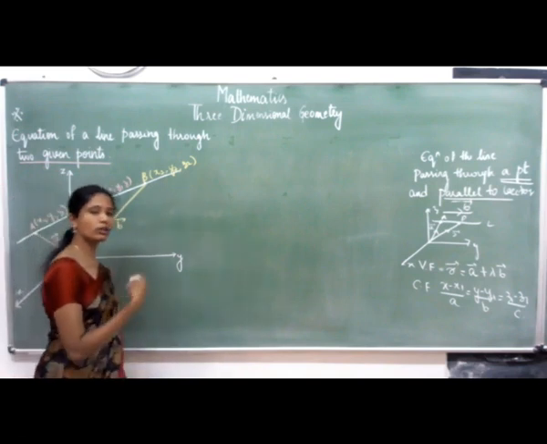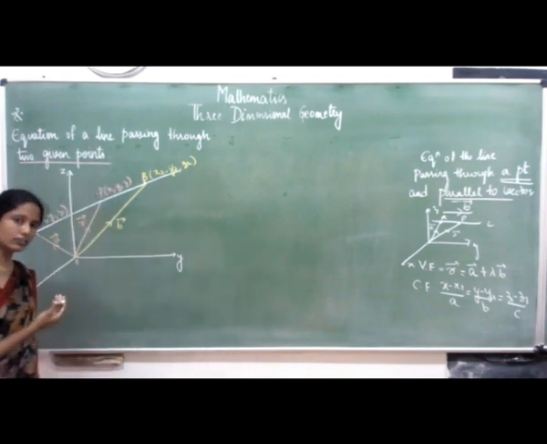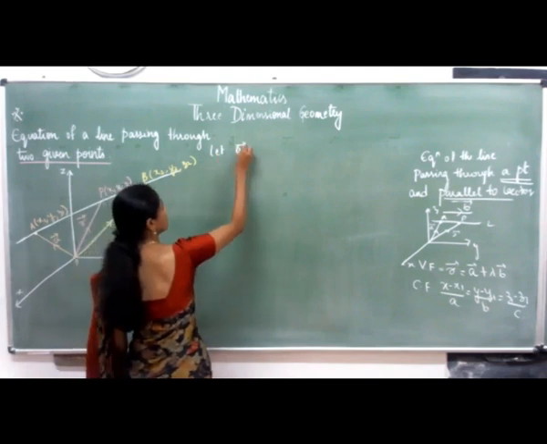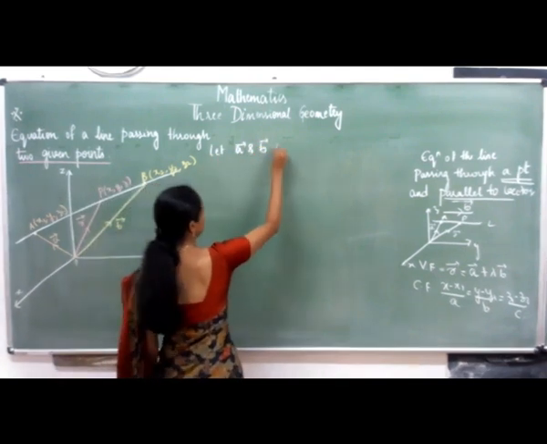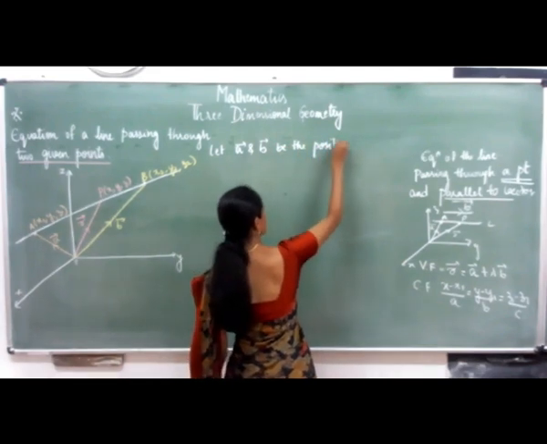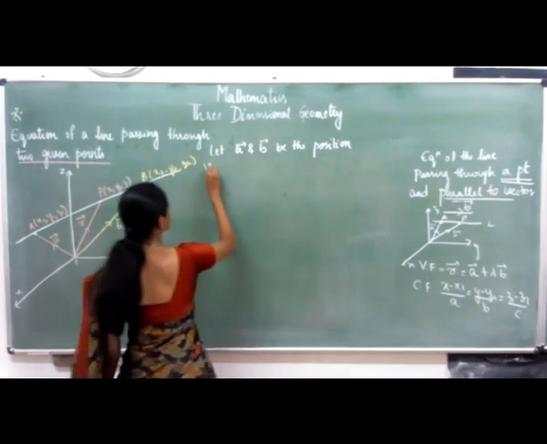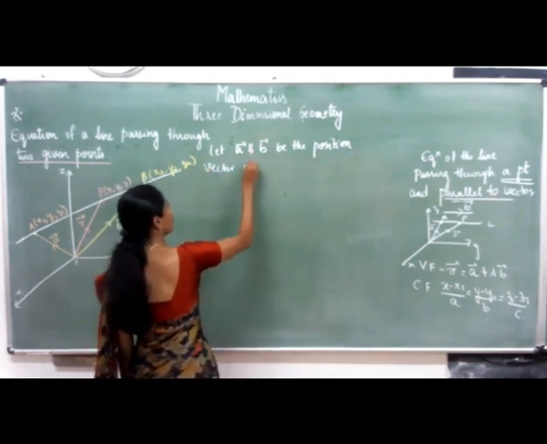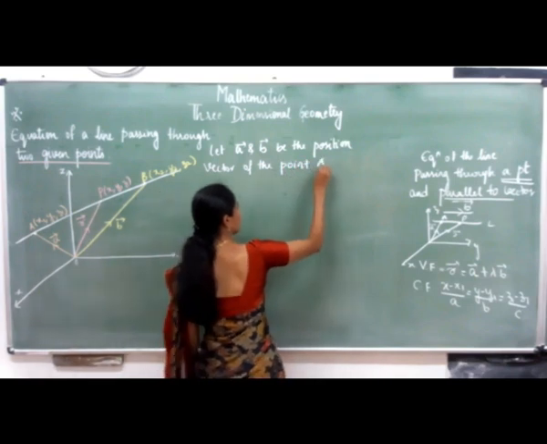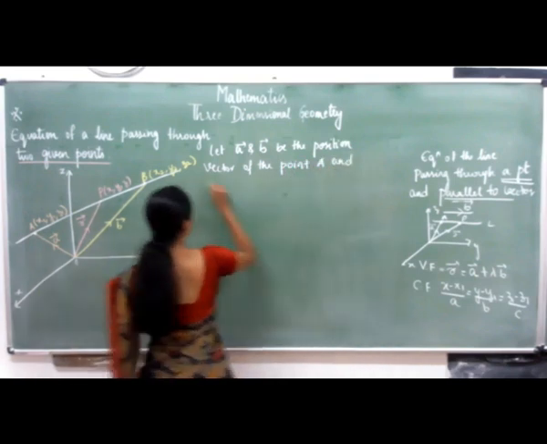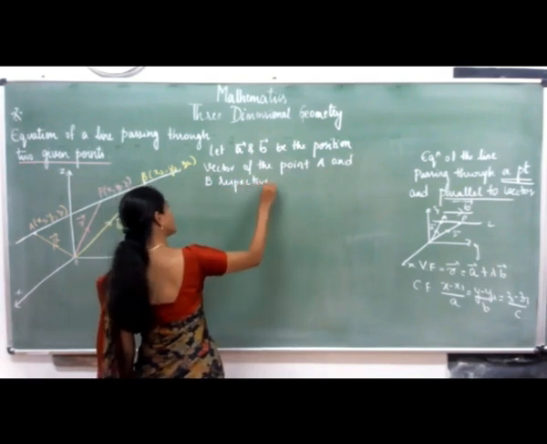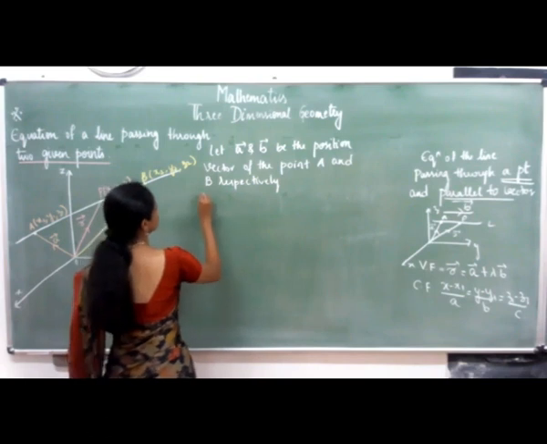Let us first write what data we know here. Let vector A and vector B be the position vectors of the points A and B respectively on the line.